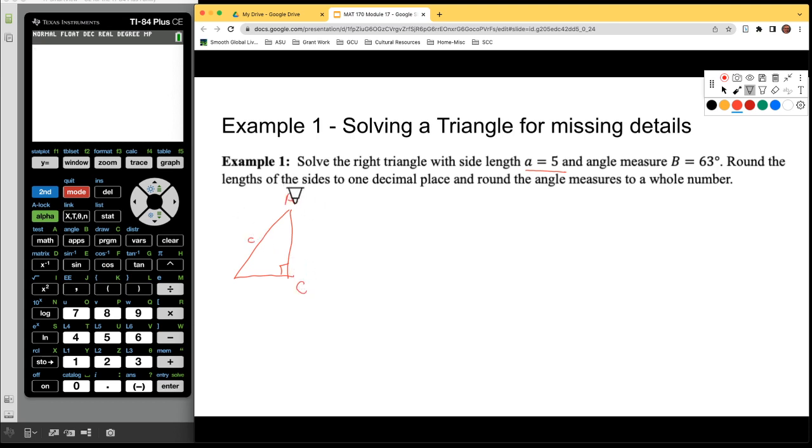We'll put our big A up here, which means little a's down here. And again, as long as you're consistent in your labeling, you'll be fine. So we know that A is going to be equal to 5, and then we're told that the angle B is 63 degrees. Round the lengths of the sides to 1 decimal place, and round the angle measures to a whole number. That's just what we're being told.